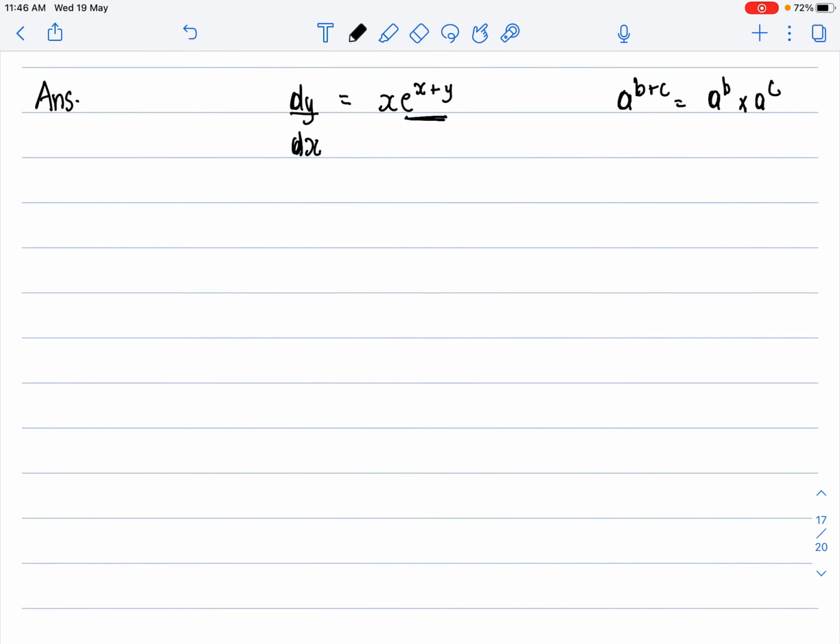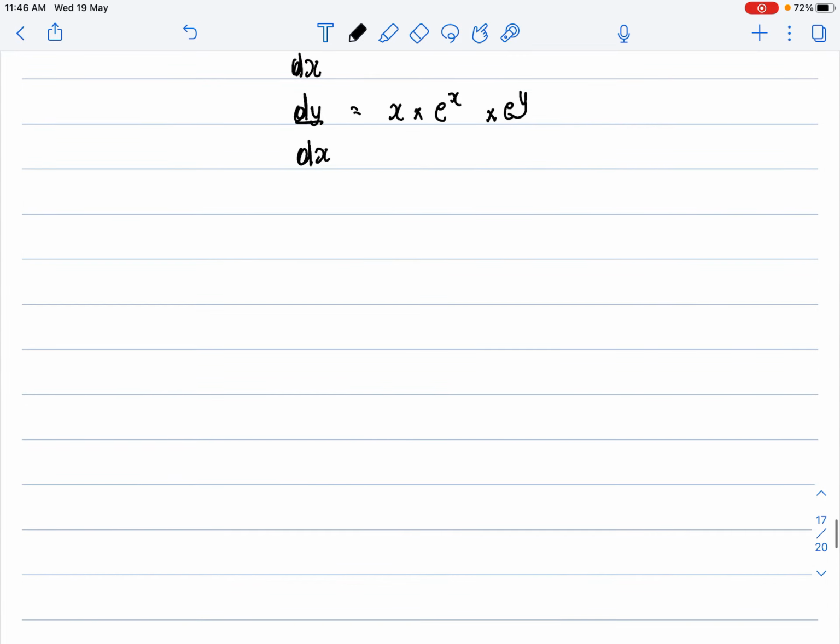So using this indices formula, I can write this as dy by dx is equal to x into e raised to x into e raised to y. Correct? So now I can write this as 1 over e raised to y dy equals x into e raised to x dx.